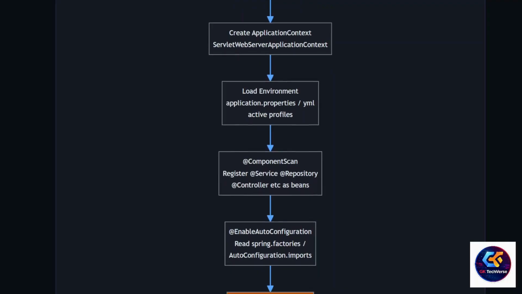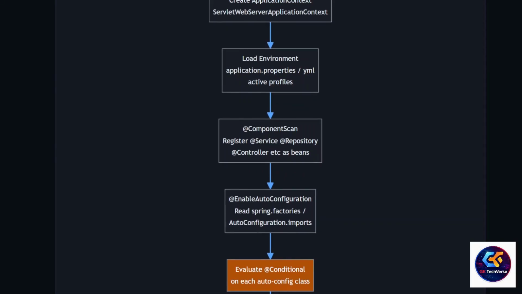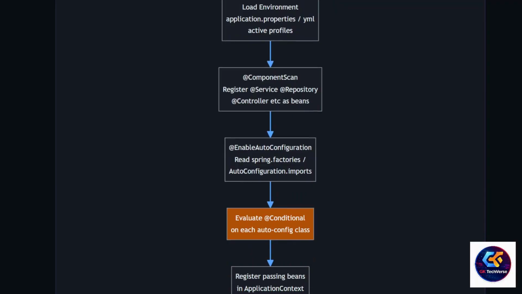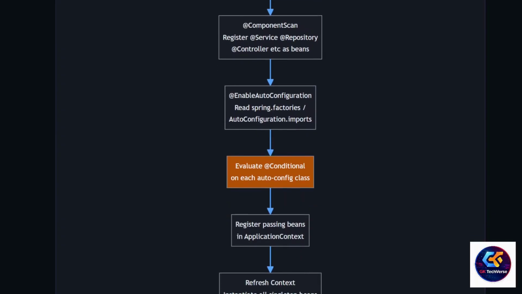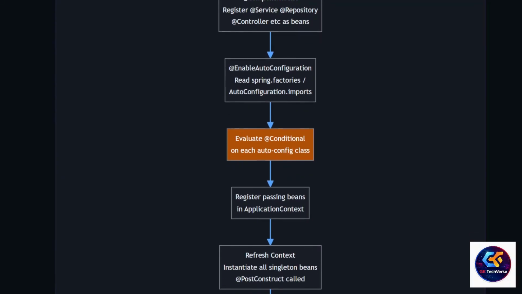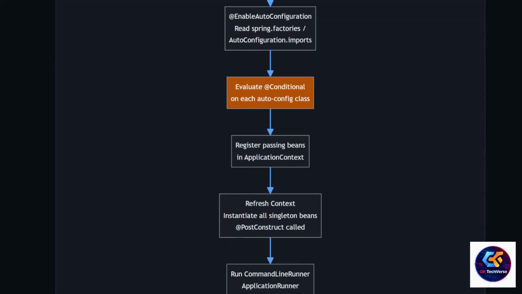It starts component scan and registers your beans. It enables auto configuration, which reads your spring.factories or AutoConfiguration.imports based on your version. Next, it evaluates @Conditional on each AutoConfiguration class. Then it registers the passing beans into your application context. Then it refreshes the context, which instantiates all your singleton beans.